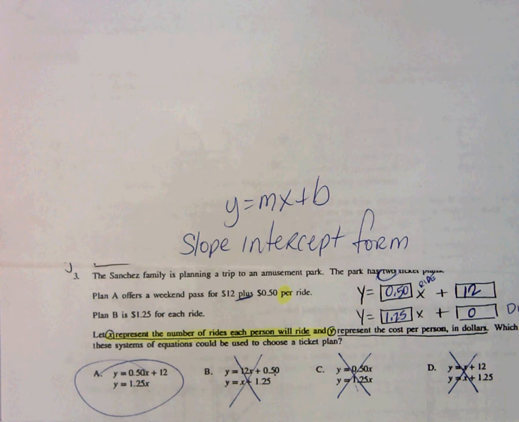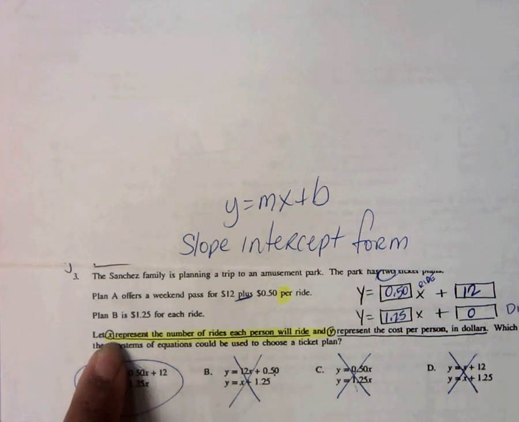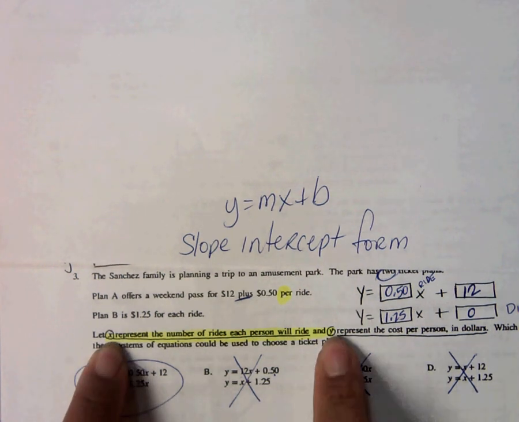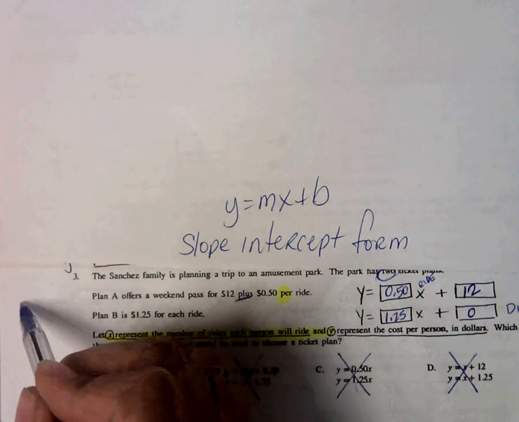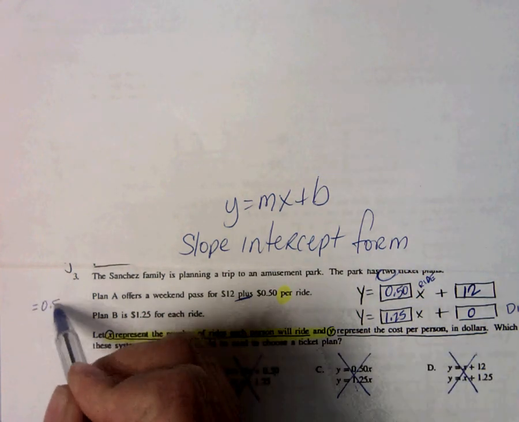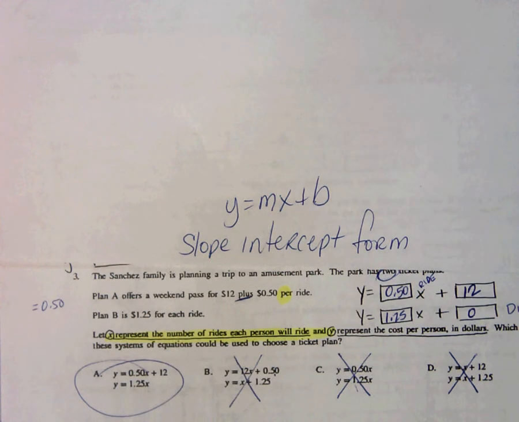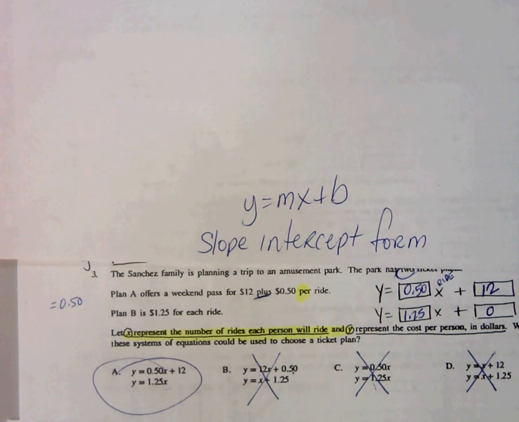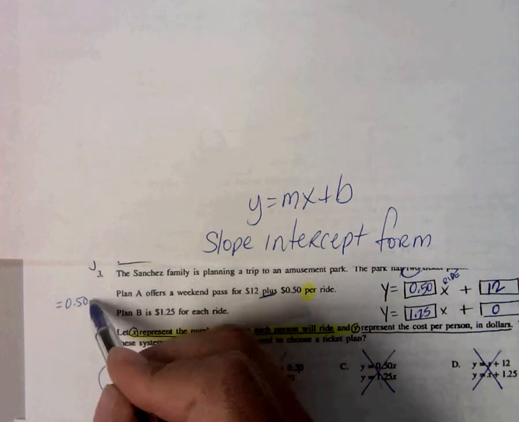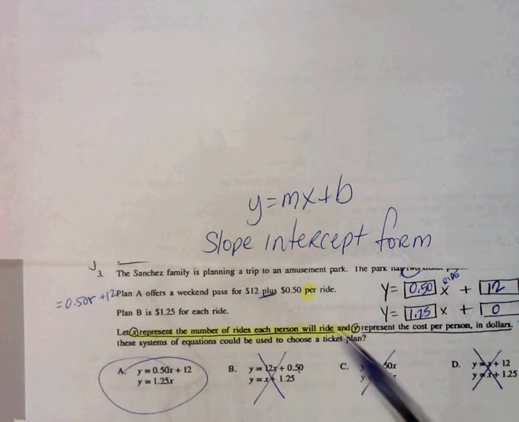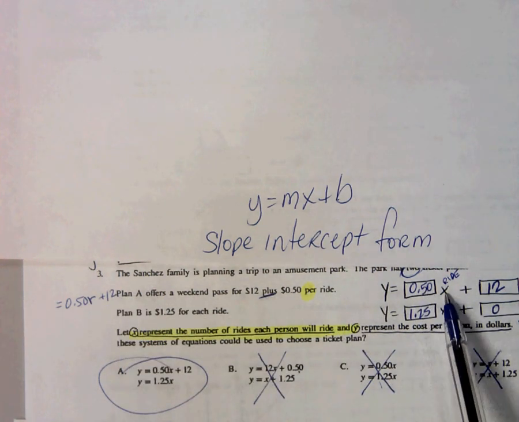We did not do that for this one because the answer choices were X and Y, because it asked us to use X and Y. But if we changed the letters, the first equation would have 50 cents times R plus 12. And you would see that it is 50 cents per ride.